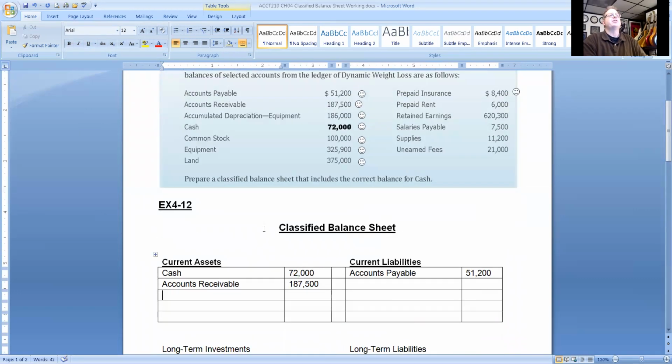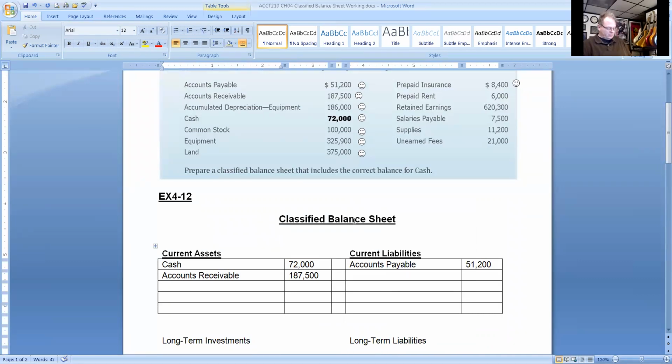Yeah, prepaid insurance is a current asset. Also, there's a lot of rules for insurance, but some of the rules are that if you cancel the insurance, they have to pay you your money back.